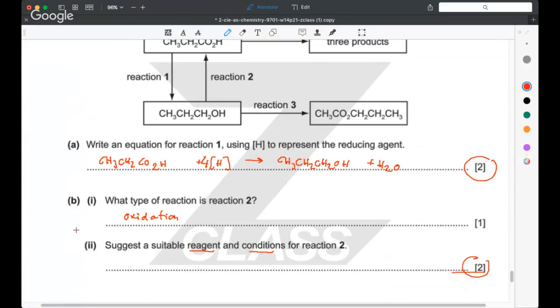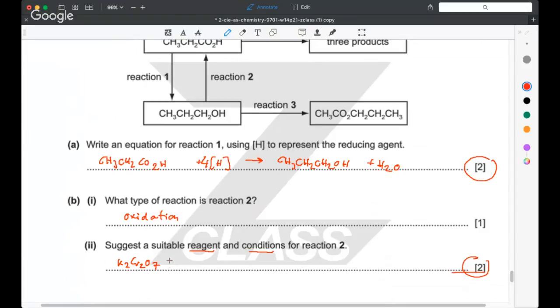You can see you've got to specify the reagent and the conditions. Now, for oxidation of alcohols, your reagent is potassium dichromate, or sorry, potassium dichromate(VI). That's the reagent that's going to do the oxidation.